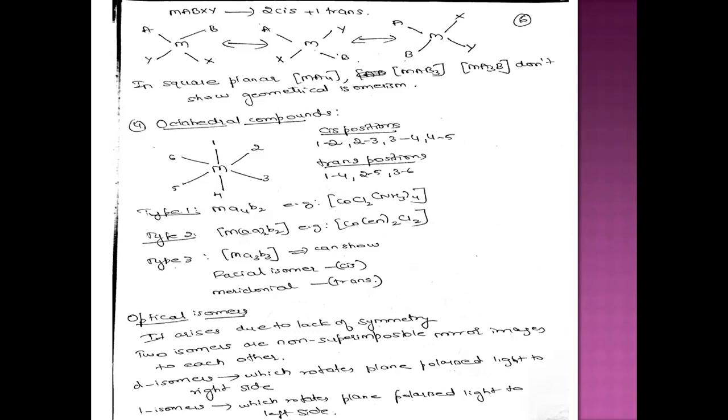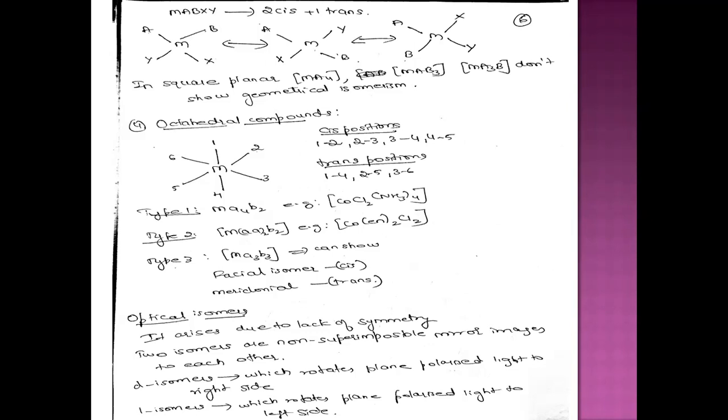They also do not show what? Geometrical isomerism. So which 4 show? You should know in square planar which 4 types will show cis and trans isomerism and which 3 do not show cis and trans isomerism. So that is a shortcut which I have given to you. If you see a compound of this type, you should directly see how many isomers are possible for that, whether it is showing geometrical isomerism or not.